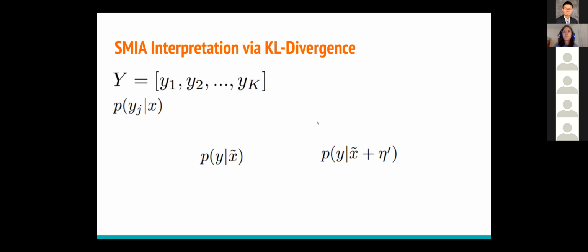So if you wanted to see what the difference between these two distributions is, an easy way to do it would just be subtracting these probabilities. However, since these probabilities are close to 0, you might get some value close to 0 if you subtract them.